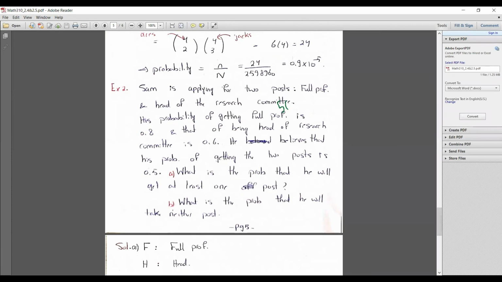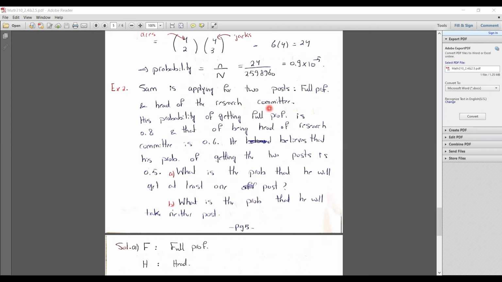We are saying that Sam is applying for 2 posts, full professor and head of the research committee. His probability of getting full professor is 0.8, and that of being head of the research committee is 0.6. Now, Sam believes that his probability of getting both posts is 0.5.